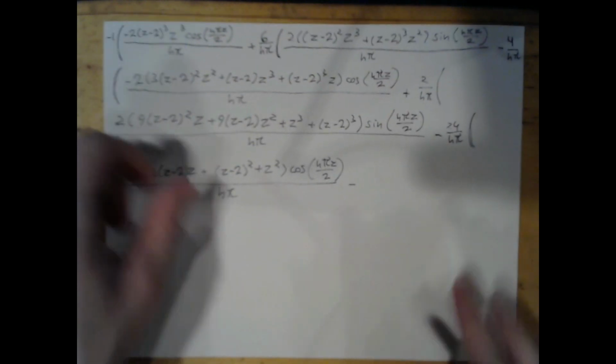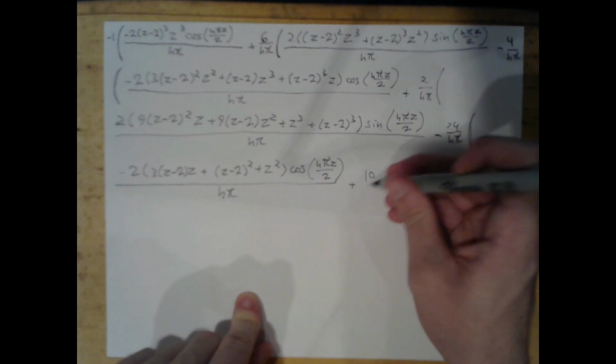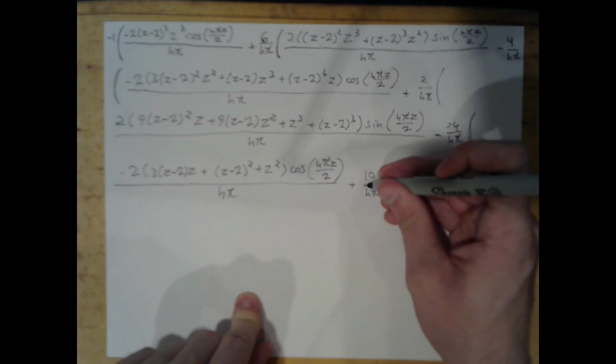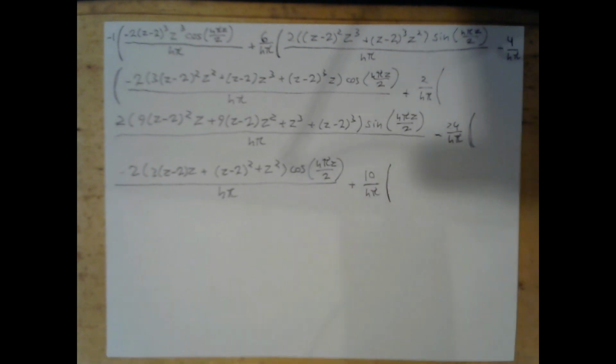Alright, so let's go back to our other formula sheet once again. Plus 10 over h pi, bracket. Okay.